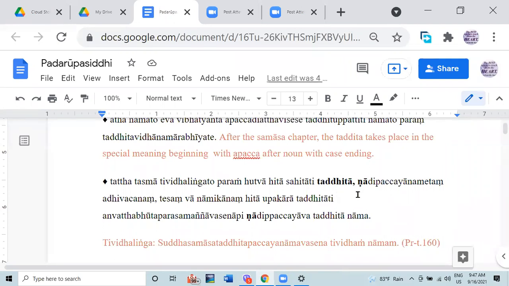But I have not checked yet, because kita already, I think, refers to the suffixes of kita. That's why the meaning of ka is, I think, not needed. This is a big question before I check the formation of the kita.